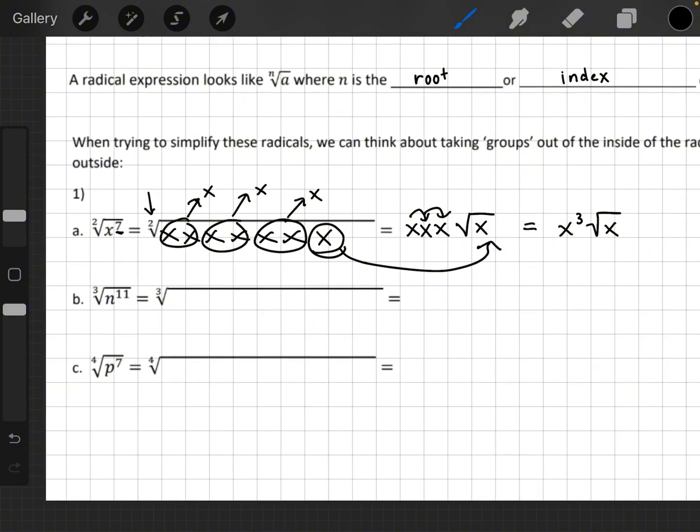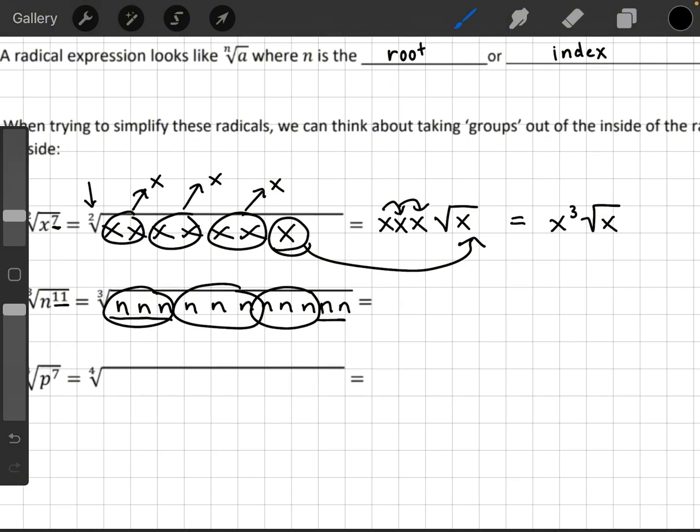For the second example, with a cube root, we have n to the power of 11, so we'll have 11 n's in here. Of our 11 n's, we'll look for groups of 3, as it's a cube root. This is one group of 3, another group of 3, and another group of 3.